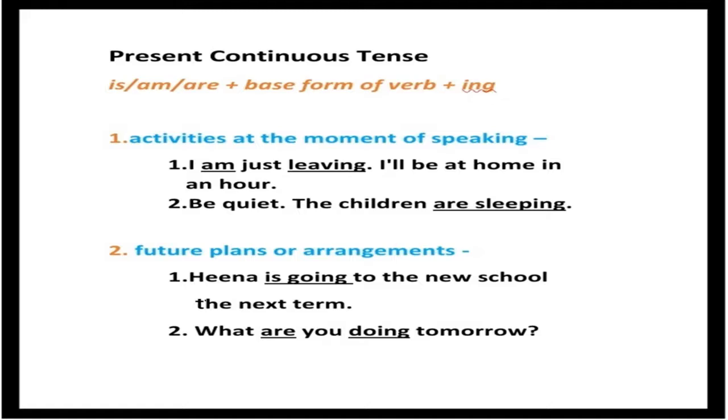We have taken the base form of the verb, and then we have added ing. That is how it becomes present continuous tense. The third way you will see is that we can use present continuous tense to prepare questions, like the different types of questions you already know: yes and no questions, auxiliary questions, WH questions.